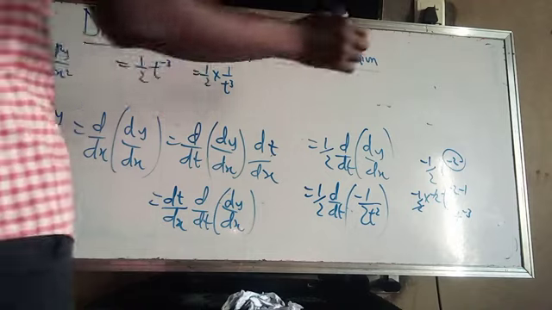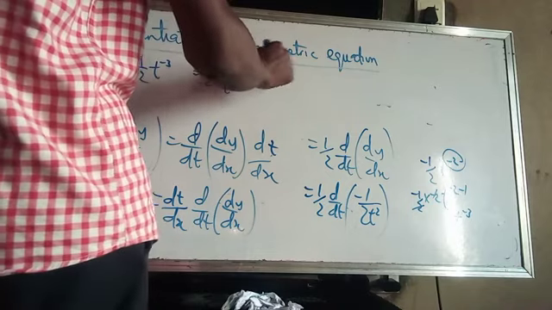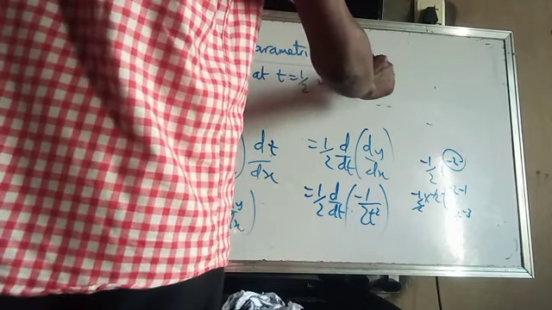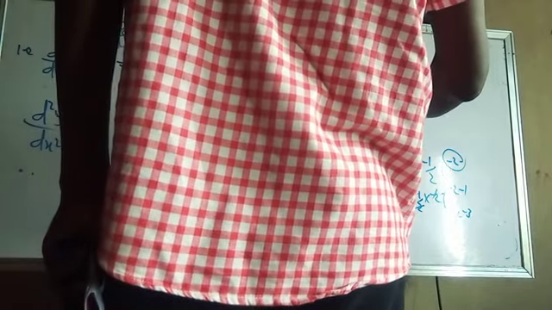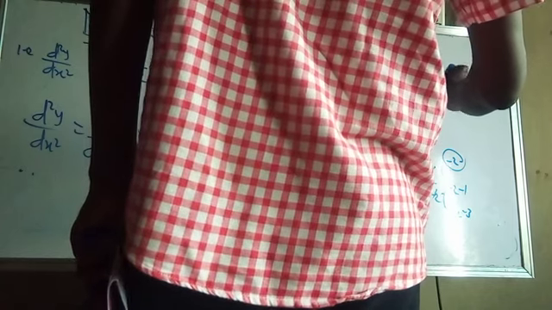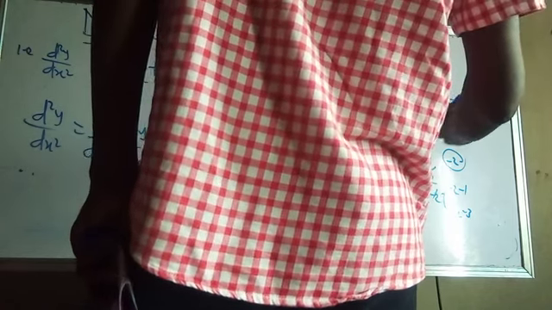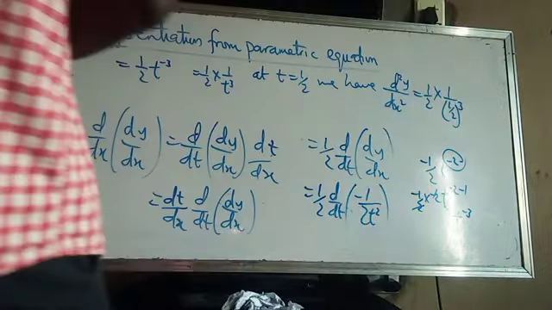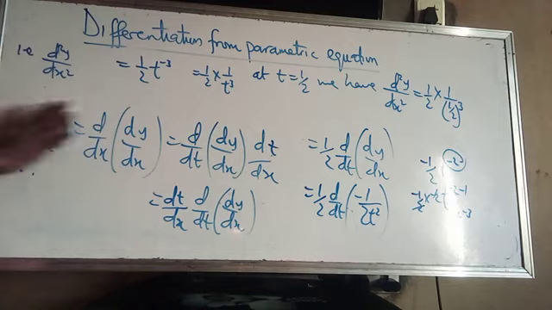And at t equals half, we have d²y/dx² to be half times 1 over (1/2) raised to 3.